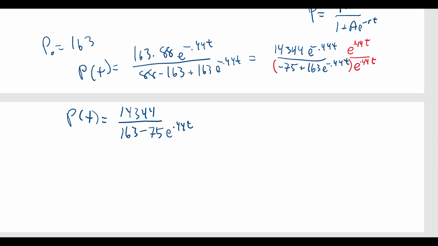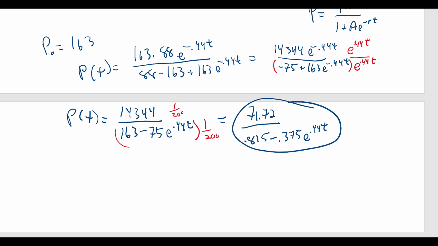I'm not sure why, but they divided top and bottom by 200, so multiplied by 1 over 200. That gave them the result of 71.72 over 0.815 minus 0.375 e to the 0.44t. And that's the answer they had.